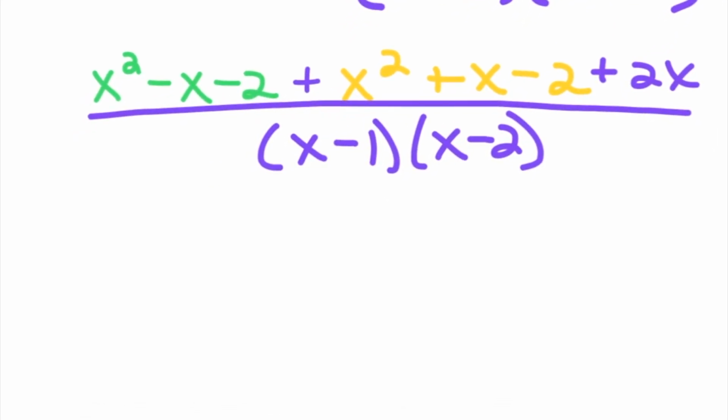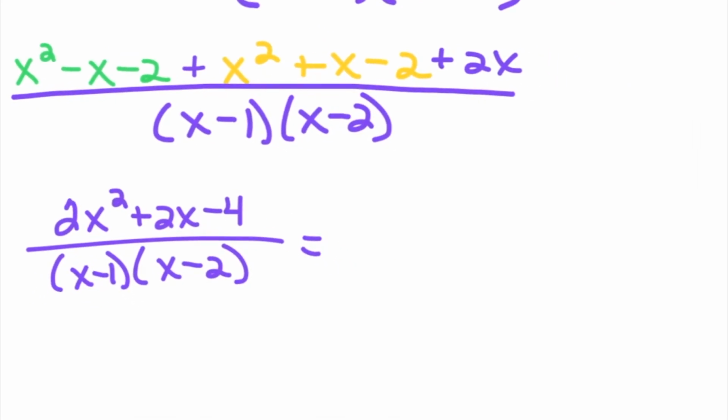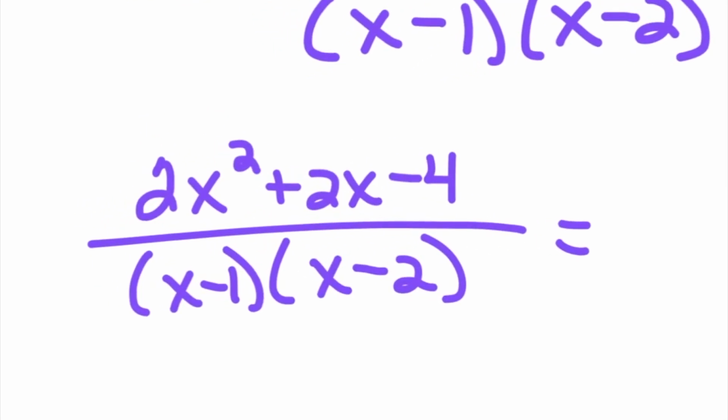And now I'm going to combine like terms. And when I do that, I get 2x squared plus 2x minus 4. I can factor that numerator, and you're going to need to do this on the side of your paper, but I can take out a 2 as a GCF, and then I can also factor the quadratic that you have after you factor the GCF out.